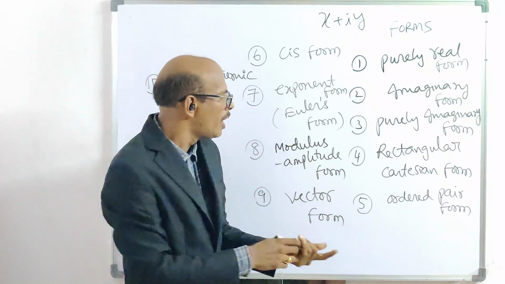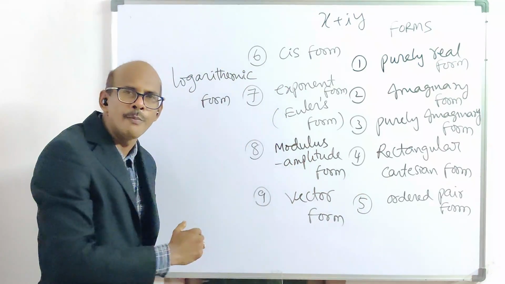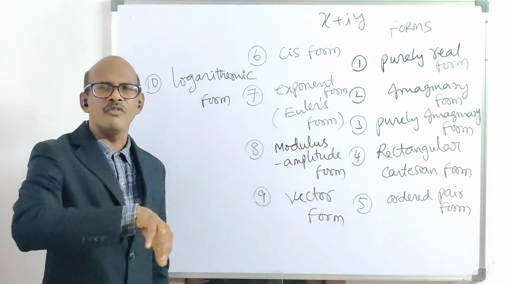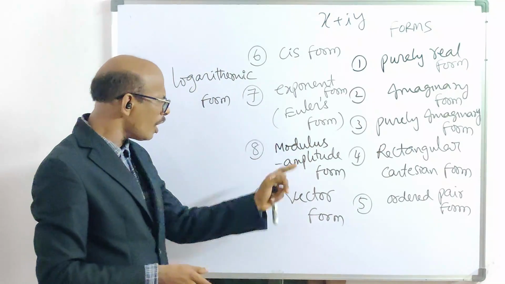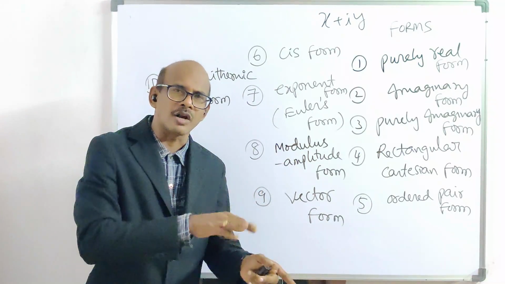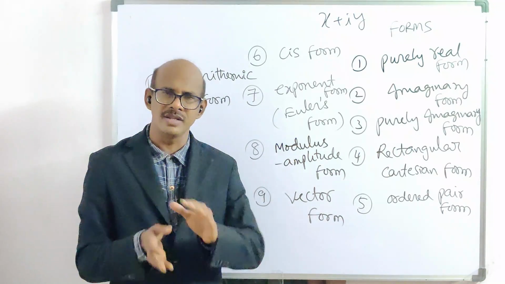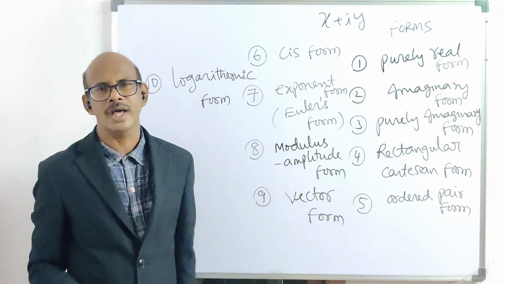Rectangular Cartesian form, ordered pair form, Cis form, exponent or Euler's form, trigonometric form or polar form or modulus amplitude form, vector form, and logarithmic form. All forms will be discussed in detail, don't worry about that.